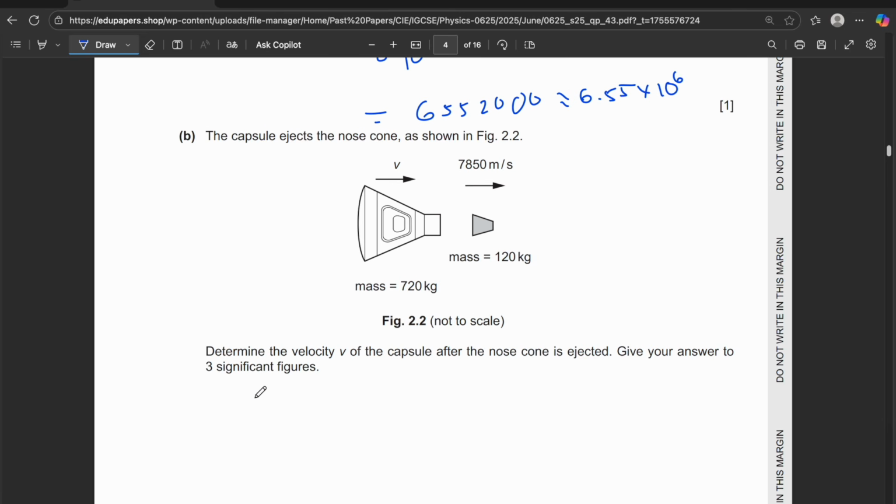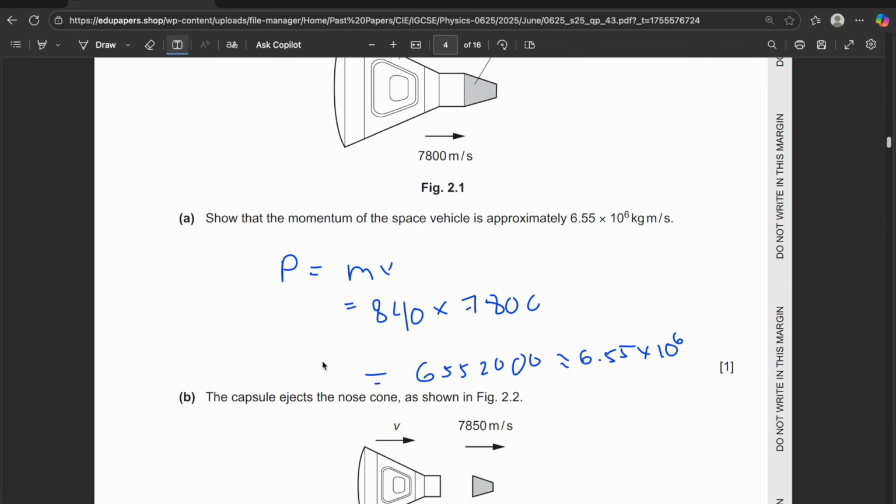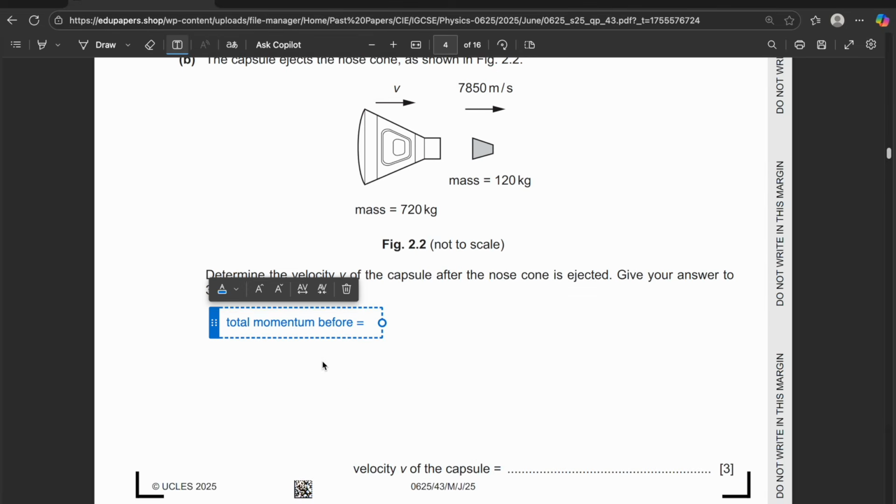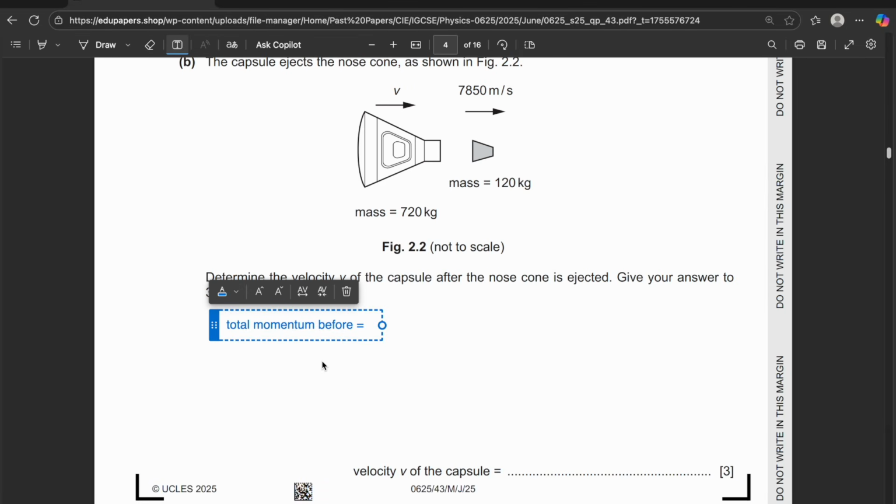So we know that total momentum, this is going to use the conservation of momentum, right? So total momentum before, you can write collision, but I don't see this as a collision because it's going to go apart. So before and total momentum after.